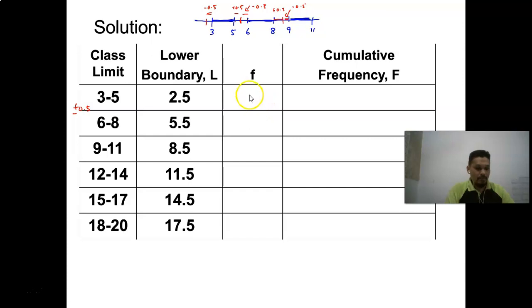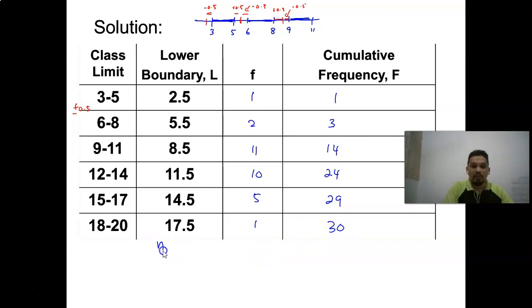Okay, now frequency, which is 1, 2, 11, 10, 5, 1, and cumulative frequency 1 plus 2 equal to 3, 3 plus 11 equal to 14, plus 10, 24, plus 5, 29, plus 1 equal to 30.